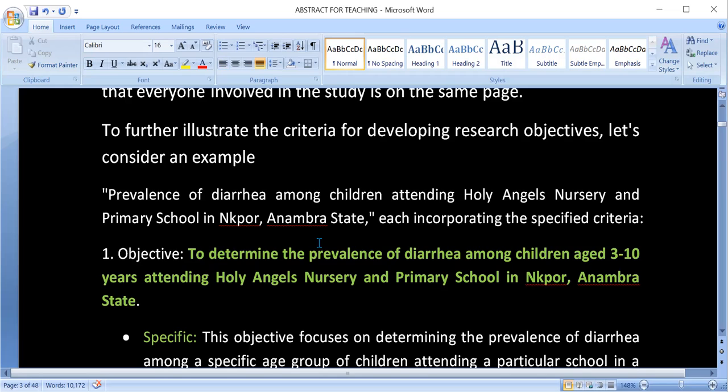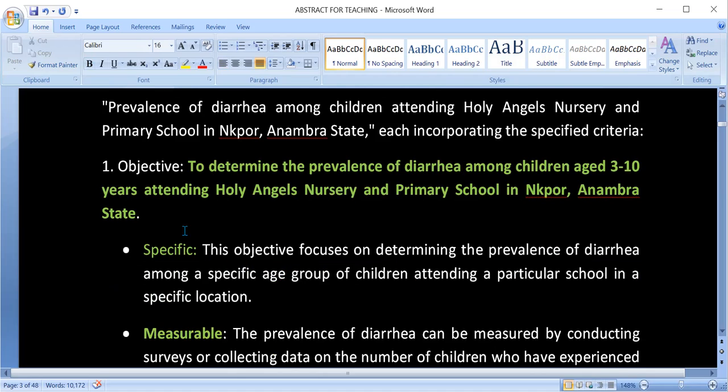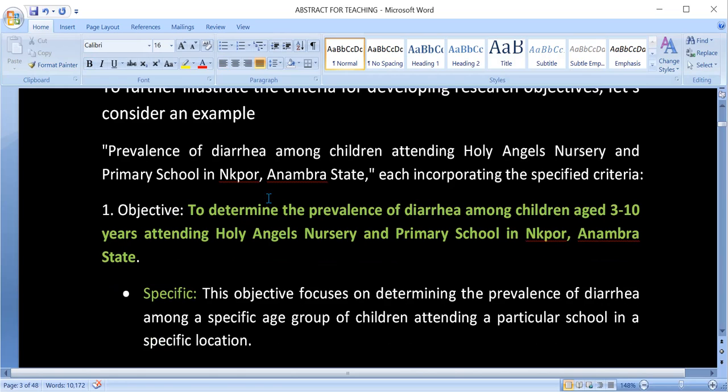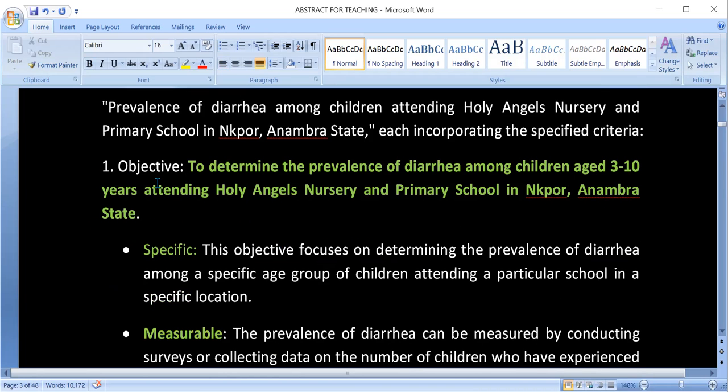Okay, now, what is the objective? The first objective, for this research topic, prevalence of diarrhea among children attending Holy Angels Nursery and Primary School in Nkpor, Anambra State, says: the first research objective is to determine the prevalence of diarrhea among children aged 3 to 10 years attending Holy Angels Nursery and Primary School.